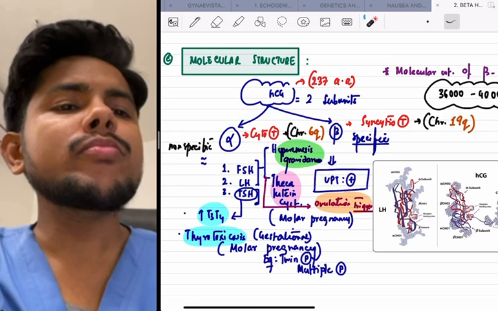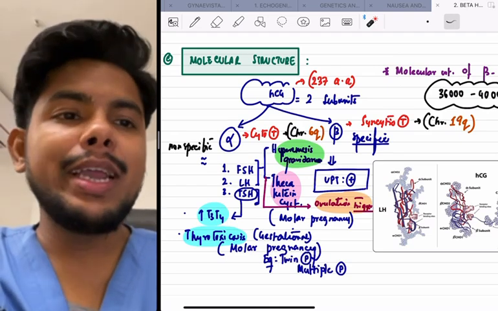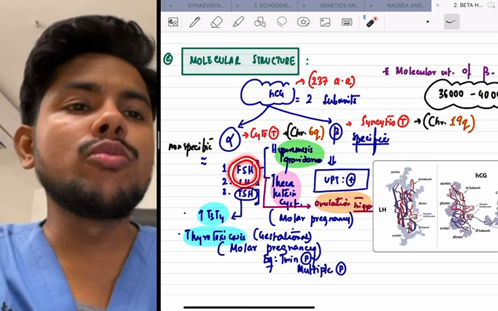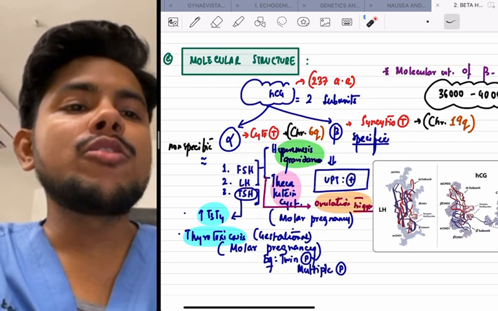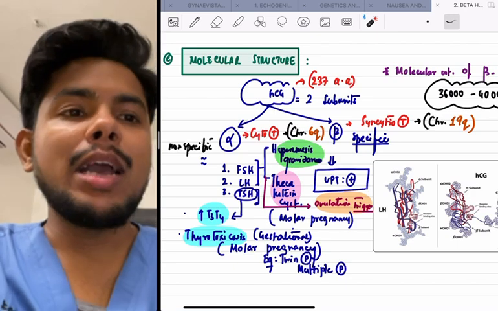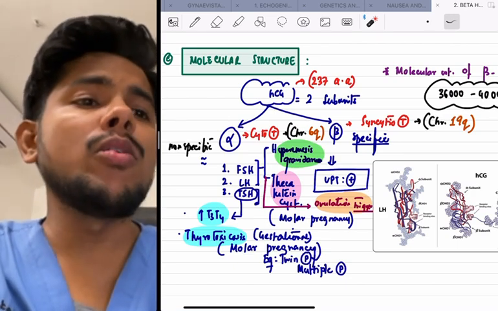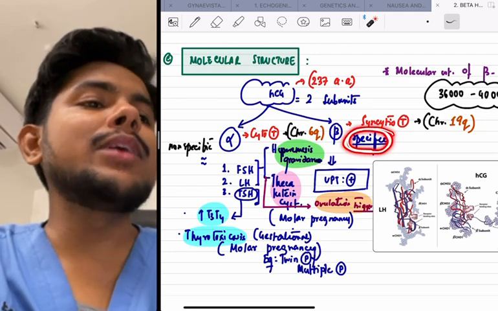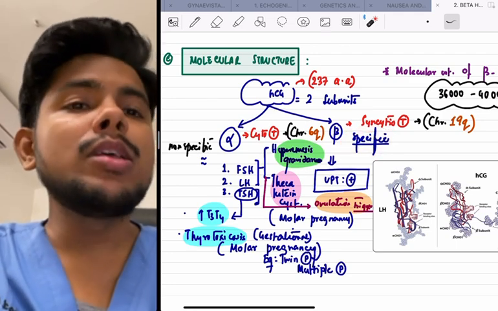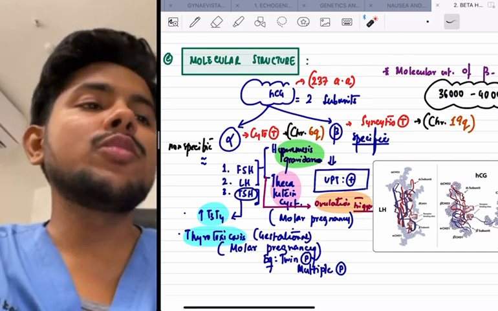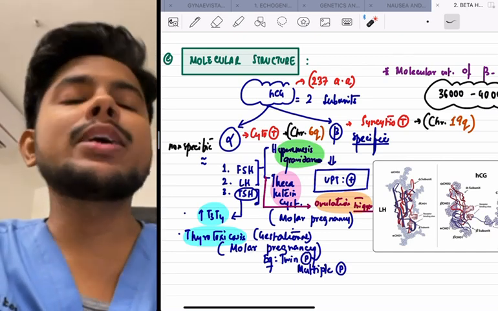They are FSH, LH and TSH. So we have got 2 gonadotropins, right, and another is TSH. Am I clear? Now, beta subunit is specific, right? When I say specific, I mean it is specific to pregnancy. It is also specific to a very rare form of ovarian cancer.